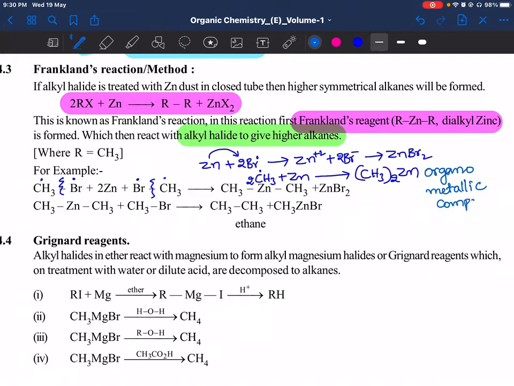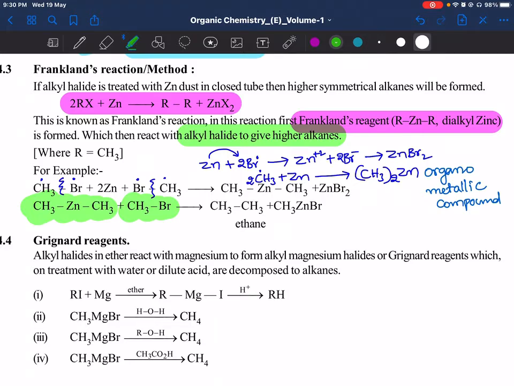When this organometallic compound reacts with the alkyl halide, what is happening here? Nucleophilic substitution, same as Corey-House synthesis. Here also an organometallic compound is forming, nucleophilic substitution is happening, and a carbon-carbon bond is forming.